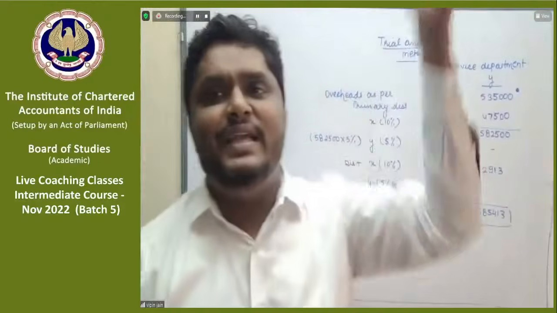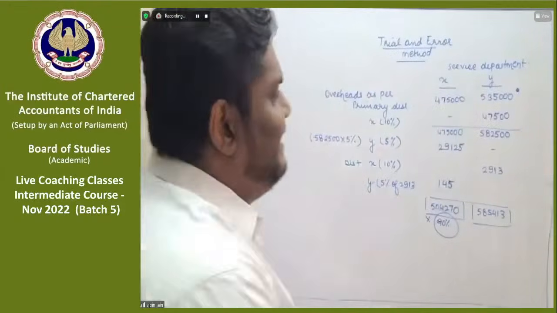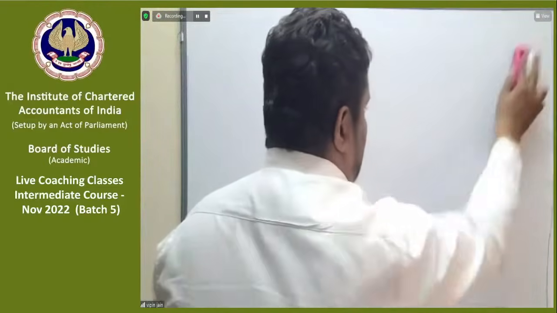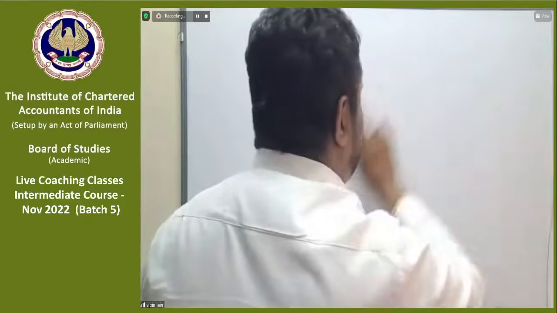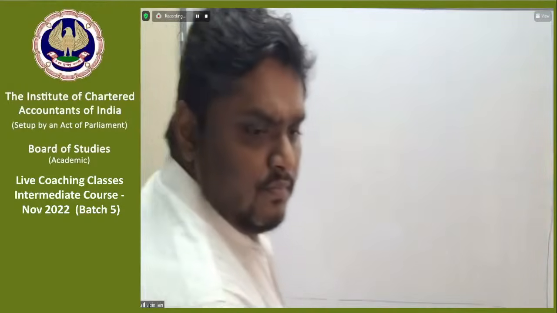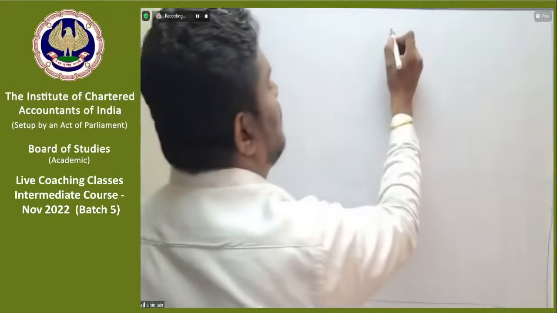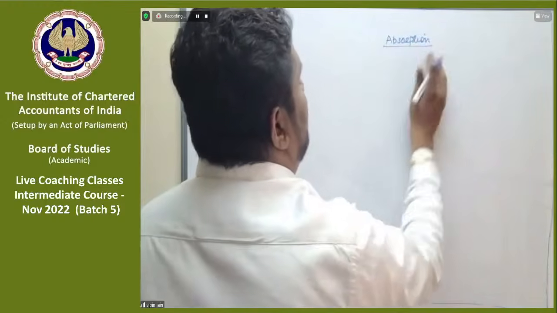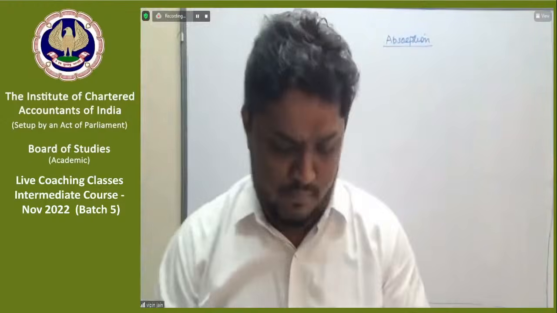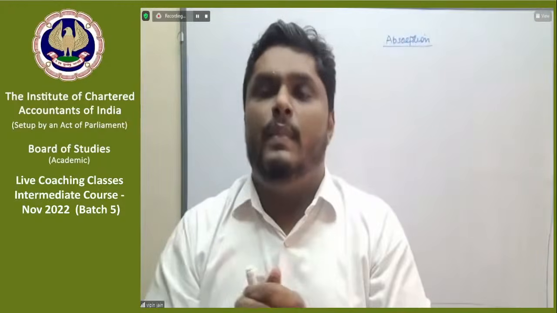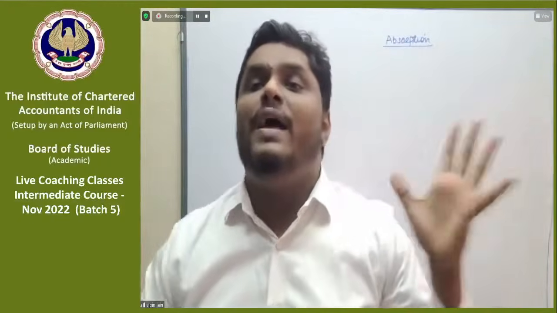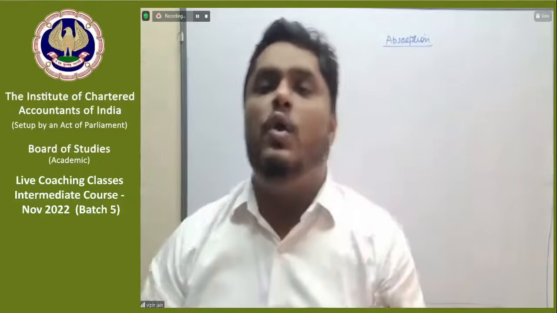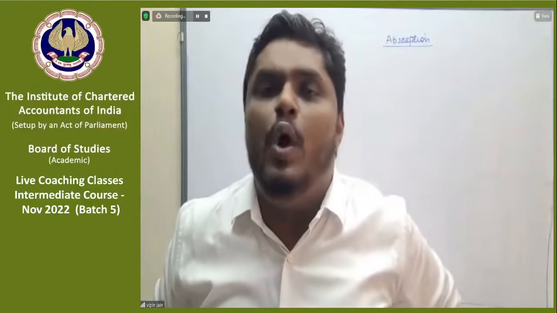So now without wasting time, let's proceed with the next part of the chapter, that is absorption. Now guys, we are done with all the hard work, that is about distribution, redistribution, allocation, apportionment, reapportionment, whatever it is.